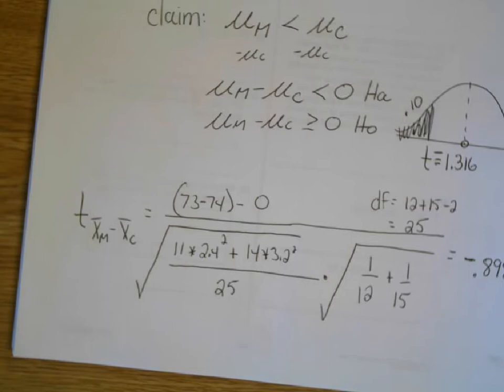So now the next one, I'm gonna go 1 divided by 12 plus 1 divided by 15. Get that answer. Square root that. 0.39. And now I'm gonna go back and find my answer of -1 divided by those two things multiplied.